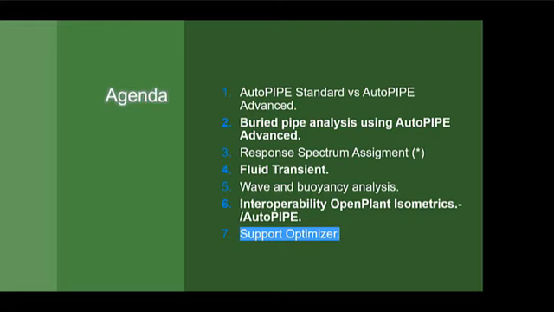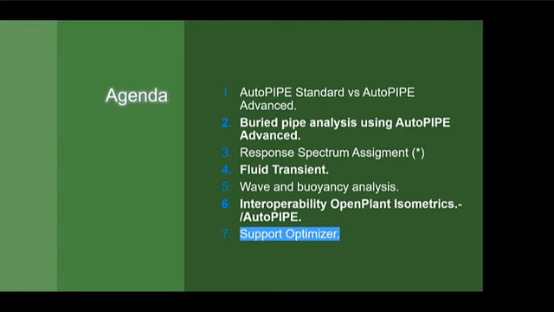Fifth, wave and buoyancy. Sixth, interoperability, open plan isometrics. And seventh, support optimizer. Talking about all of them, the third point, response spectrum, honestly, is included in AutoPIPE Basic and AutoPIPE Standard.